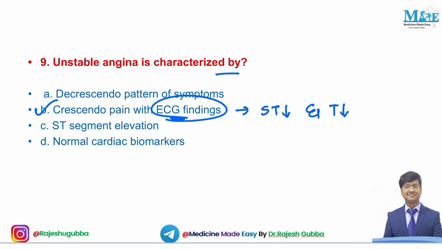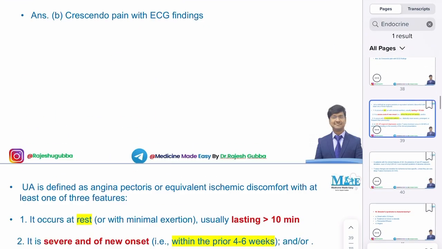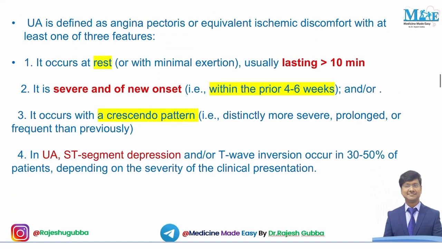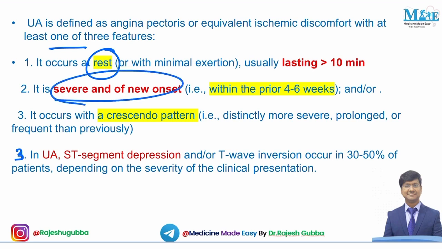All right. Now, there are certain features of unstable angina, out of which minimum 3 should be there. Unstable angina is defined as angina pectoris or equivalent ischemic discomfort with at least one of the 3 features. Number 1, the pain should be at rest and the duration should be for nearly more than 10 minutes. And the pain should be very severe and it should be of new in onset and it should be progressing, right?